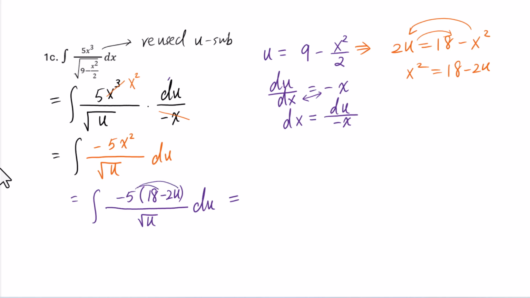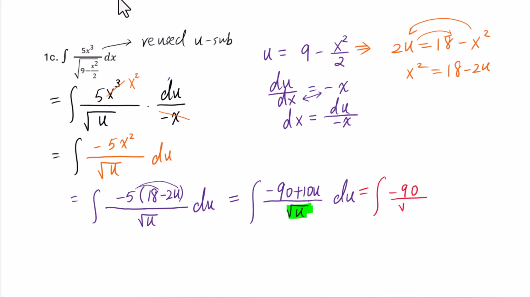Distributive property: integral of (negative 90 plus 10u) over square root of u du. When the denominator is a monomial, you just need to separate. So we get the integral of negative 90 over square root of u plus 10u over square root of u du.